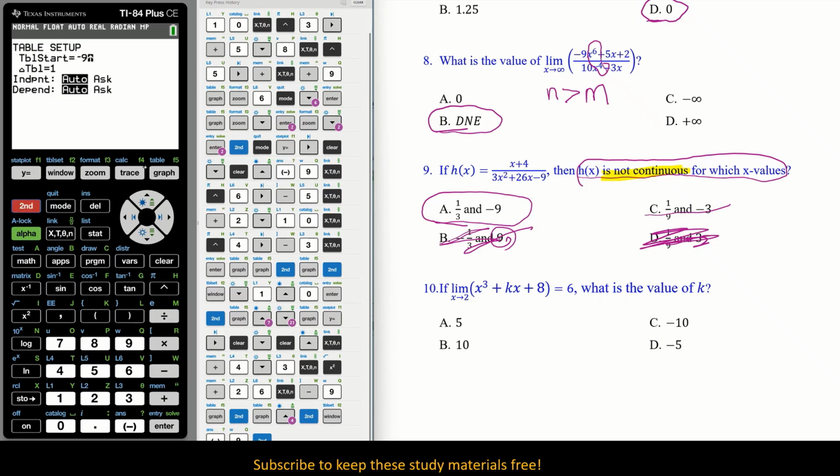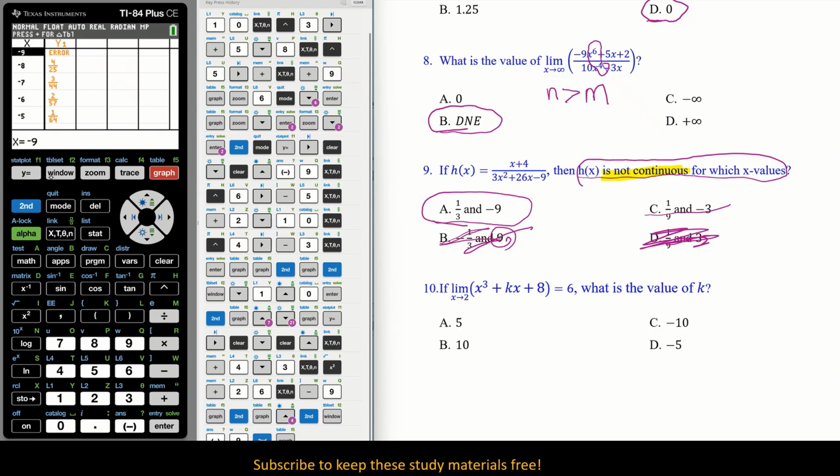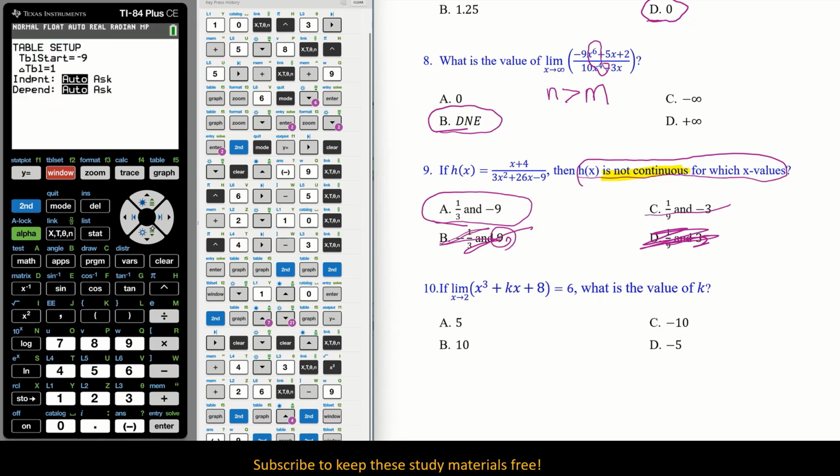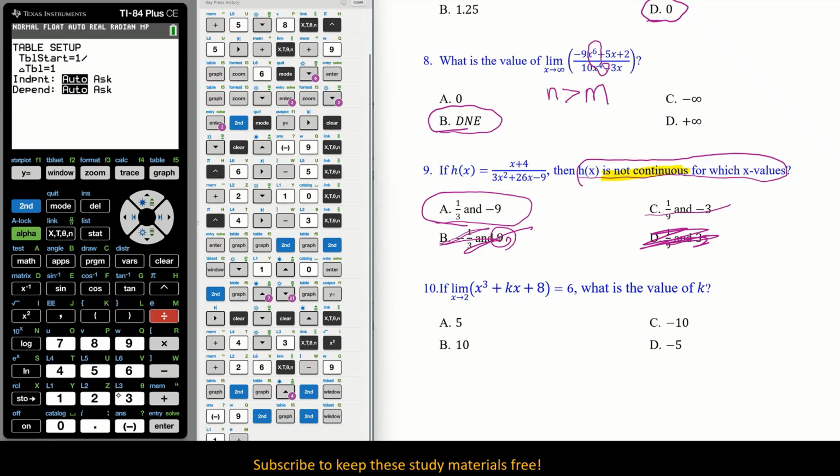Then second window. And it does have an error at -9, so that's not continuous at -9. I know that 100%. Now I am going to go second window. Now I want to go to 1/3, so I'm going to say 1 divided by 3.